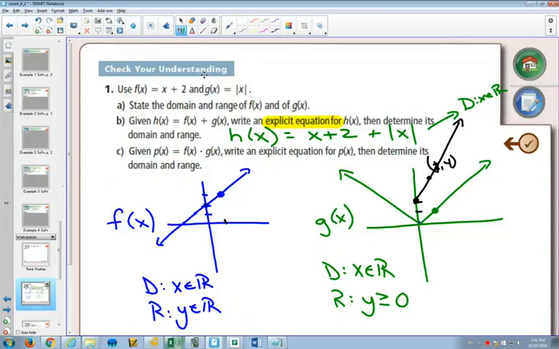Well, again, let's look at some points. At negative 2, I've got 0. And at negative 2, I've got 2. So if I add those together, I'm going to get 2.